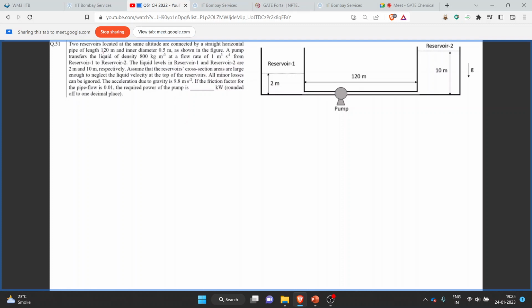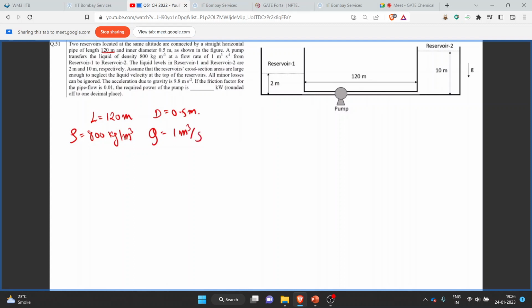So over here we have been given the length of the pipe is 120 meter, that is L is equal to 120 meter. The inner diameter of the pipe, let's call it D, is 0.5 meter. The density of the fluid rho is 800 kg per meter cube. The volumetric flow rate is 1 meter cube per second.